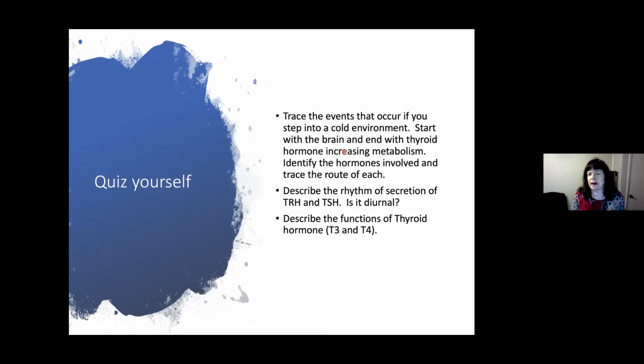And basically, the TRH then will be secreted into the pituitary bloodstream. So be sure you talk about where. And then it goes to the anterior pituitary and stimulates the thyrotropes. So this is a good question to practice with, and just go back through the circuitry.